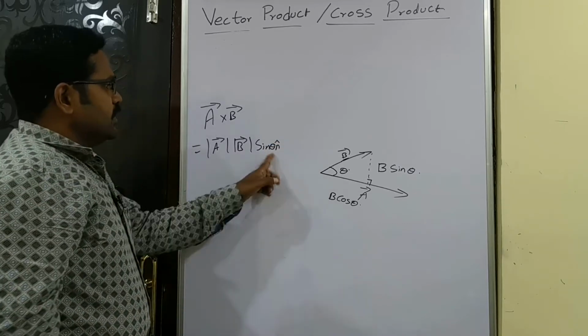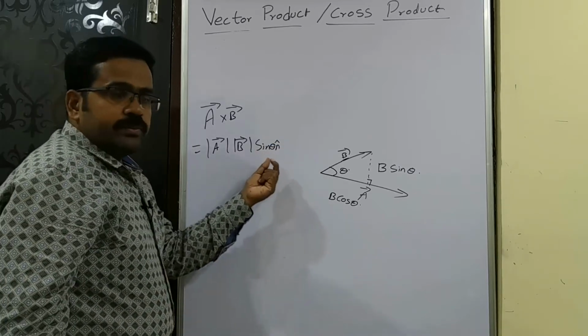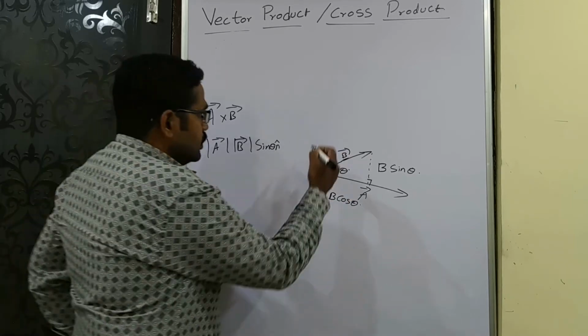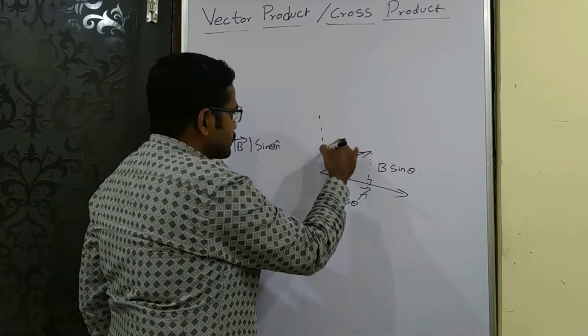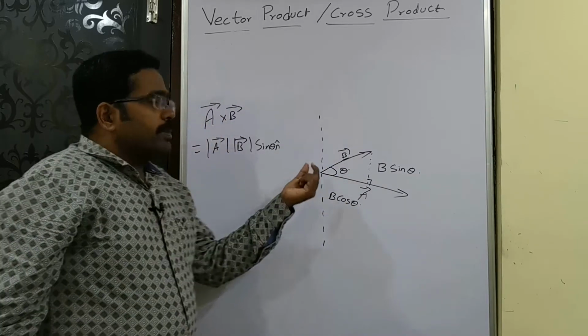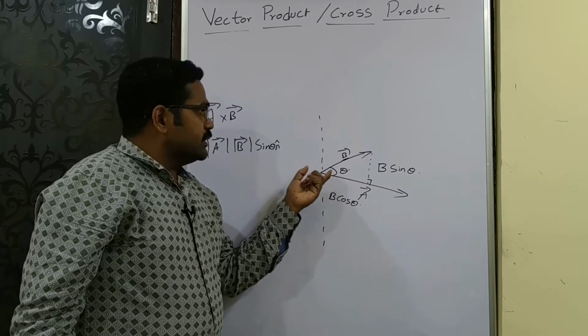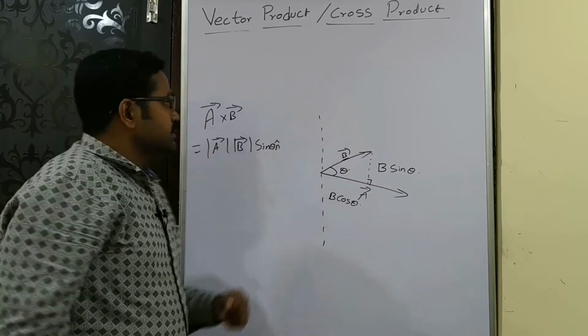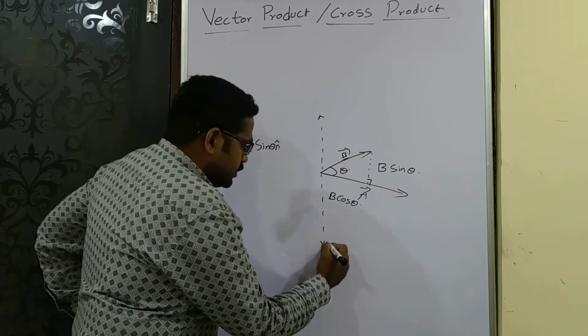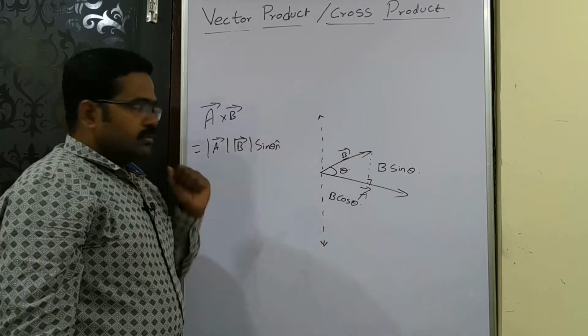What is the direction of n cap? The direction of n cap is perpendicular to both vector A and vector B. So it will be somewhere like this. Any line perpendicular to these two vectors can again have two directions: one is the upward direction, the other is the downward direction in this image.